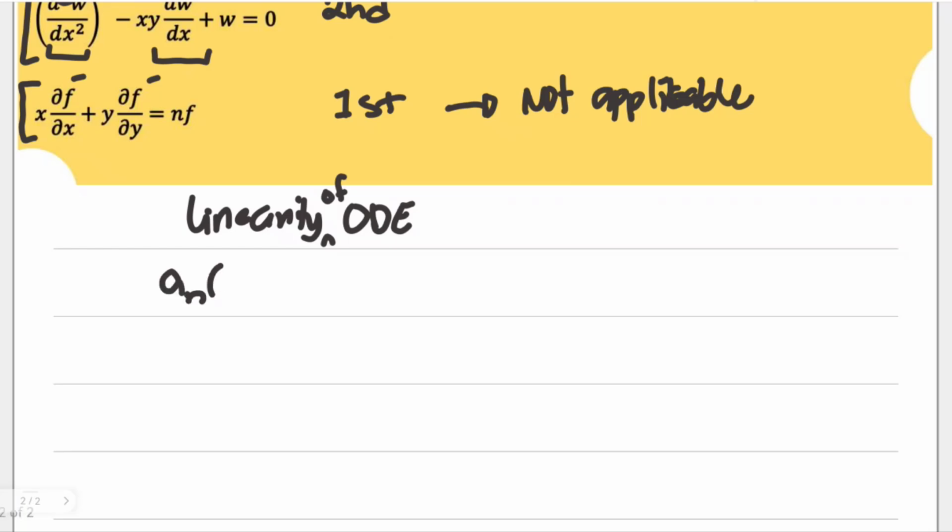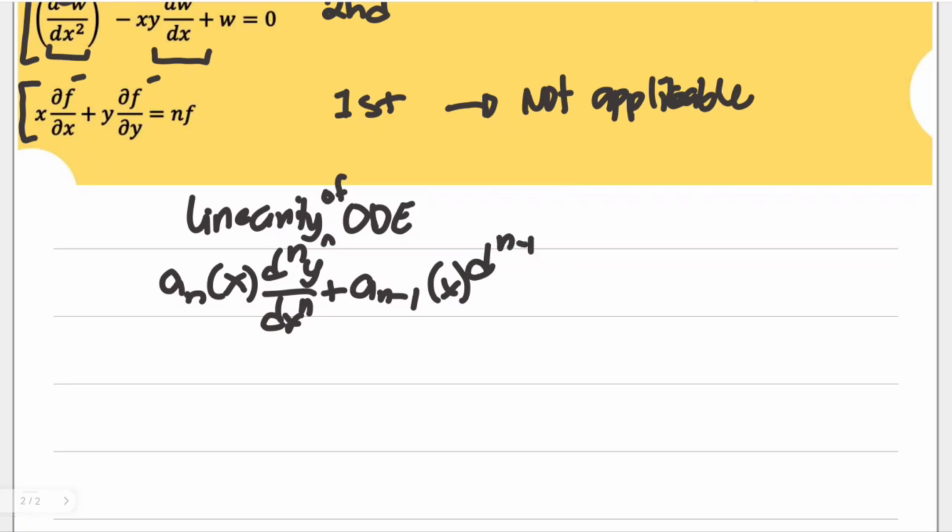We have a sub n, a constant, times the nth order derivative of y with respect to x, plus another constant a sub n minus 1, and it should be in decreasing order.